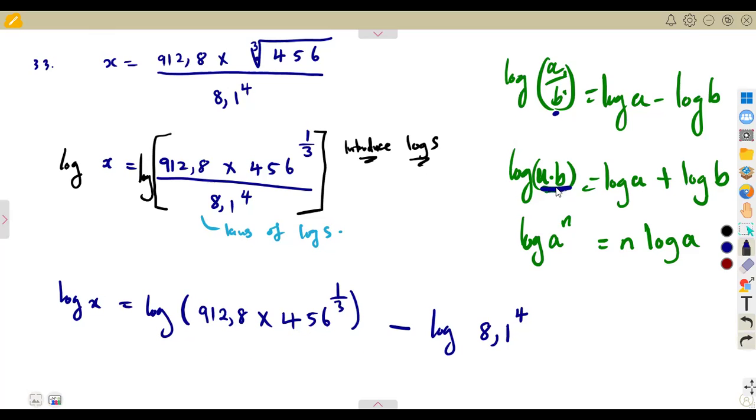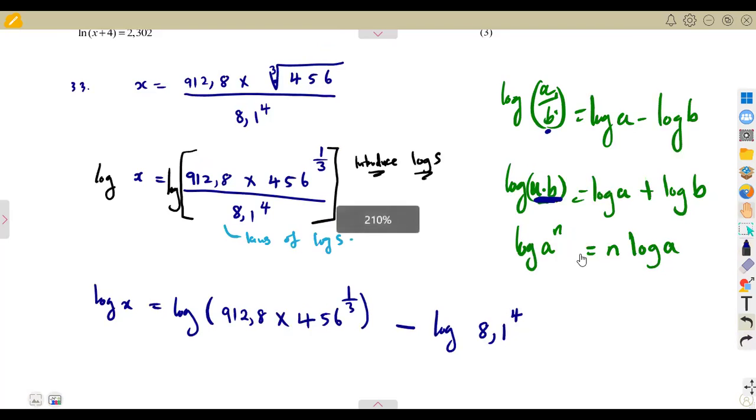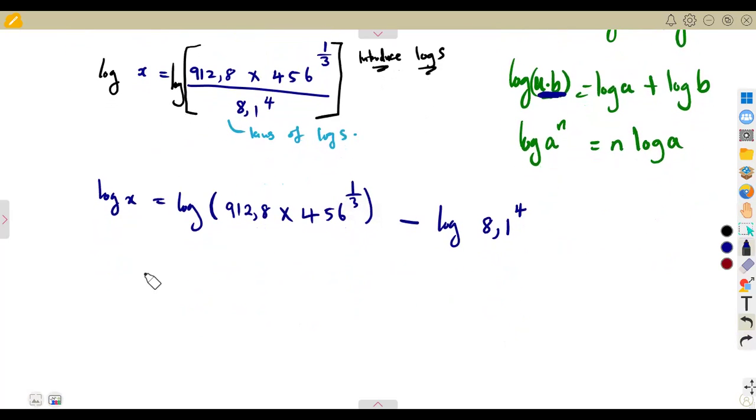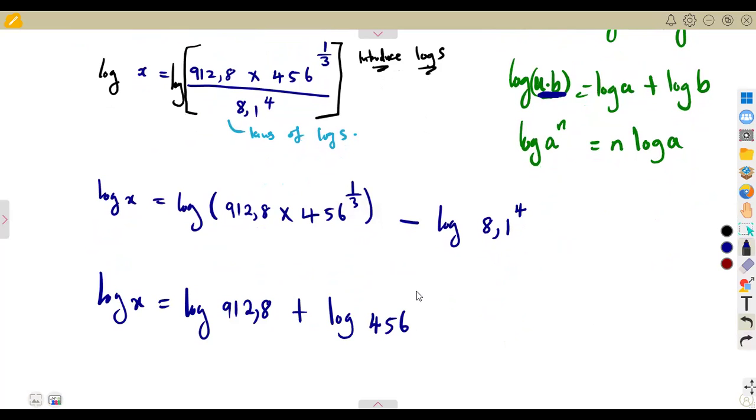A product means you were adding the logarithms, the log of A plus the log of B. So that means the logarithm of x is equal to the logarithm of 912.8 plus the logarithm of 456 to the exponent of a third, minus the logarithm of 8.1 to the exponent of 4. That is what you have there.